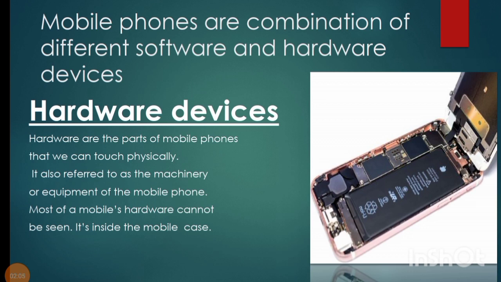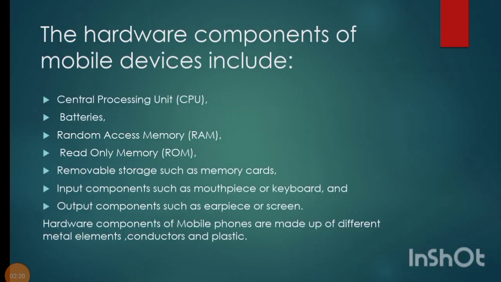What is hardware? Hardware devices are the parts of a mobile phone which we can physically touch. Actually, hardware is the equipment or machinery of a mobile phone that is hidden inside its casing, so we can't see the hardware devices of mobile phones. Which are the hardware devices of mobile phones?